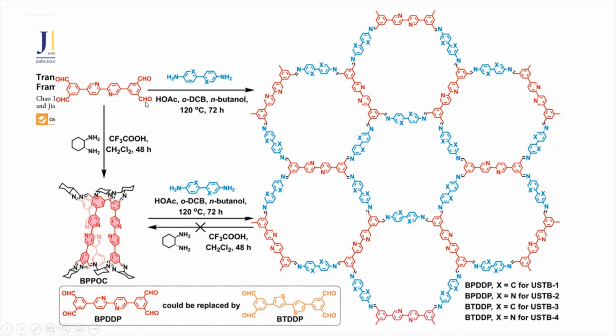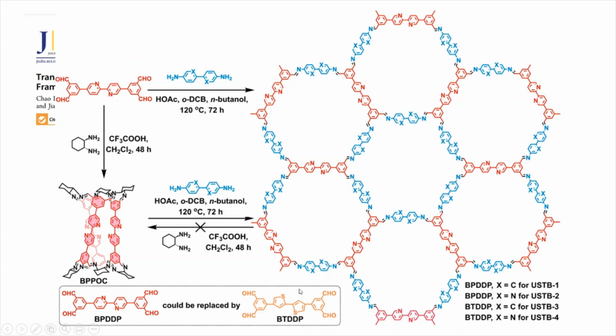So here basically they used, see, the tetraaldehyde group and the diamine, forming this kind of Schiff base. See here, the double bond, and also here they use diamine to make the Schiff base. You can see the Schiff base bonding here to make those kinds of compounds.